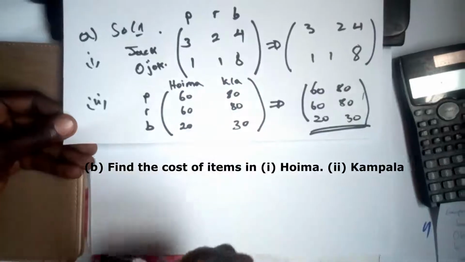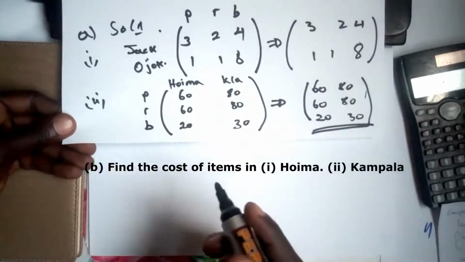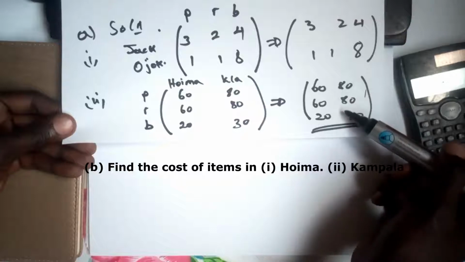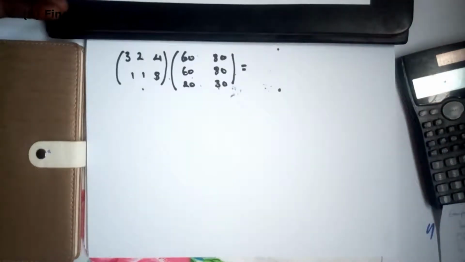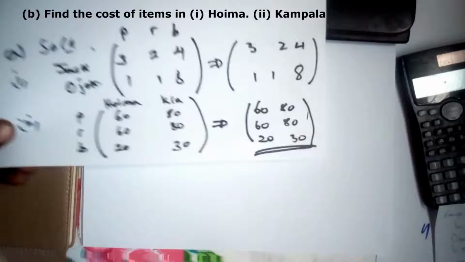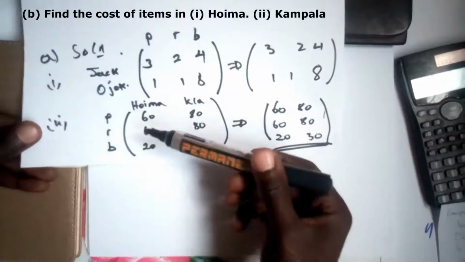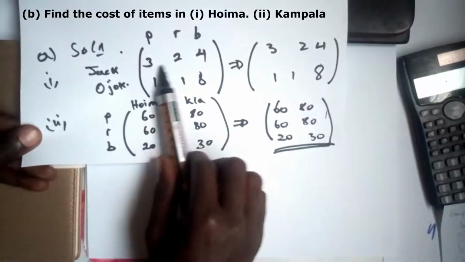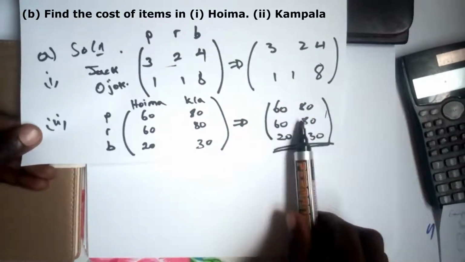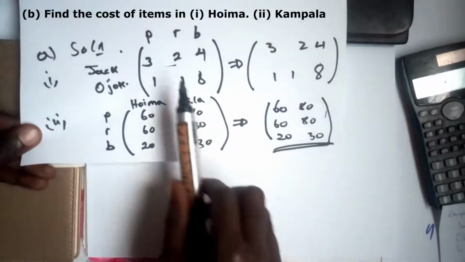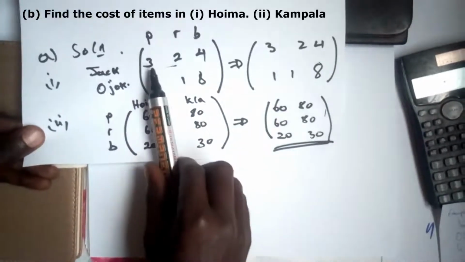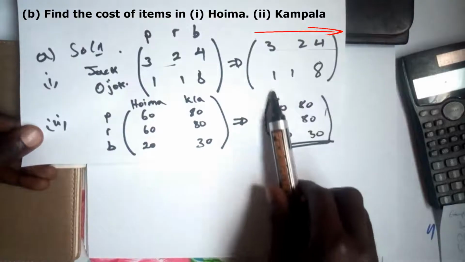I'm going to show you why we are multiplying the matrices. So it is this matrix multiplied by that matrix. Now I want to show you something small here. If we look back here, if I multiply this matrix with that matrix, we use row by column. I'm going to multiply this row with this column.